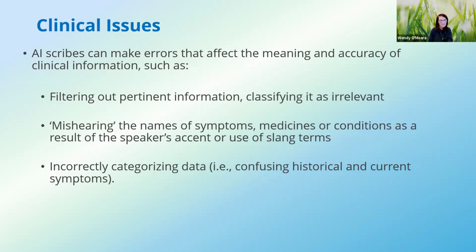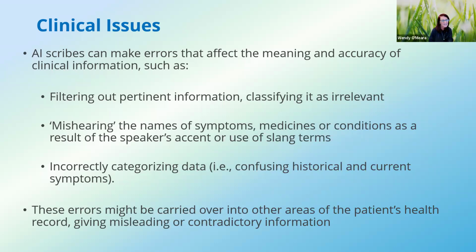So you can see there's lots of areas where there's still much room for improvement. These areas then might be carried over to other areas of the patient's health record, giving either misleading or contradictory information. So really you need to read what the gist of all this is.